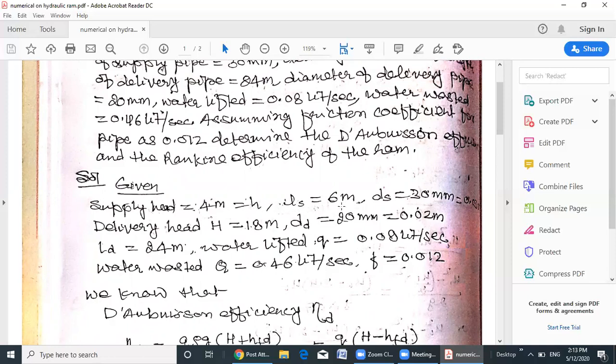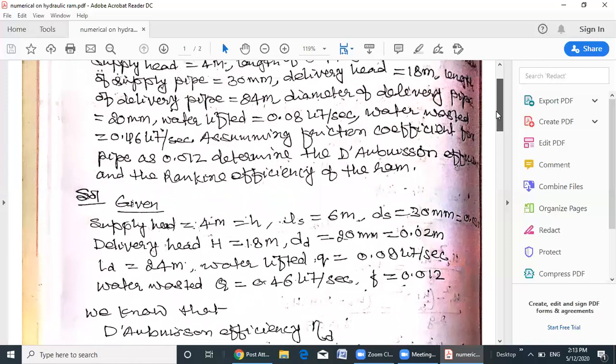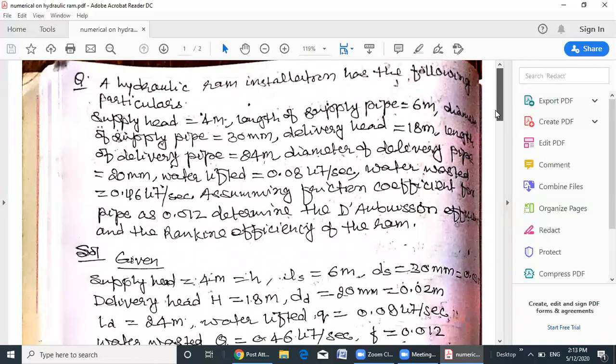L suffix small s is equal to 6 meter, that is supply length pipe. D suffix s is 30 mm.